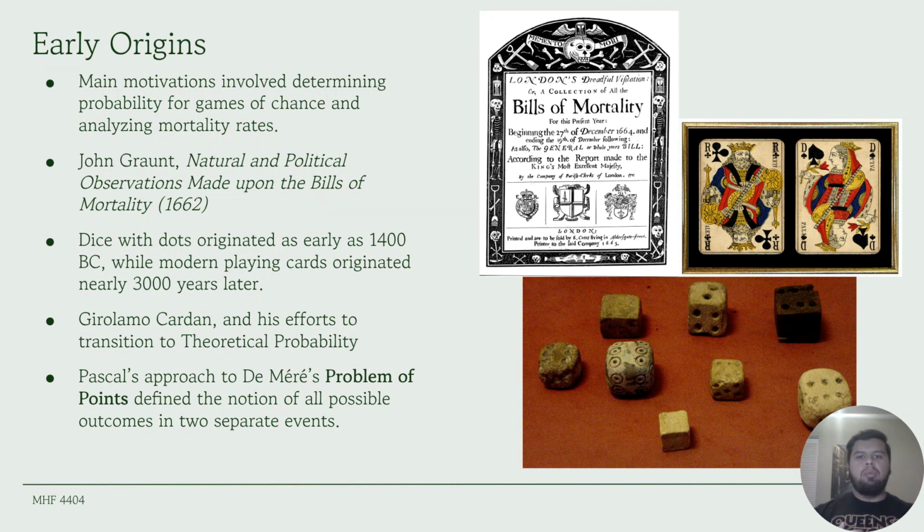You see, there are two big points of focus that concern people in the past, and those things were predominantly betting odds and probable outcomes for games of chance, and also analyzing demographical data and drawing inferences from things particularly akin to that of mortality rates.